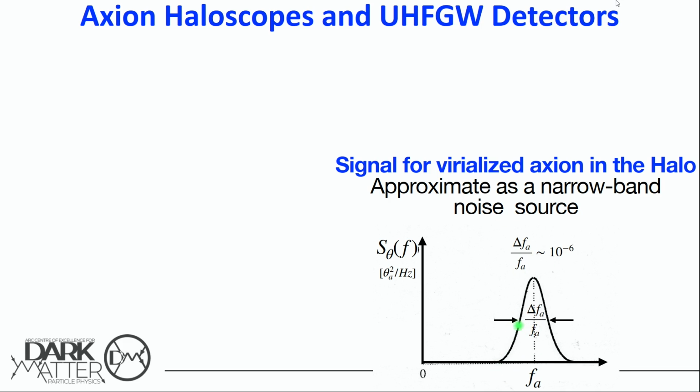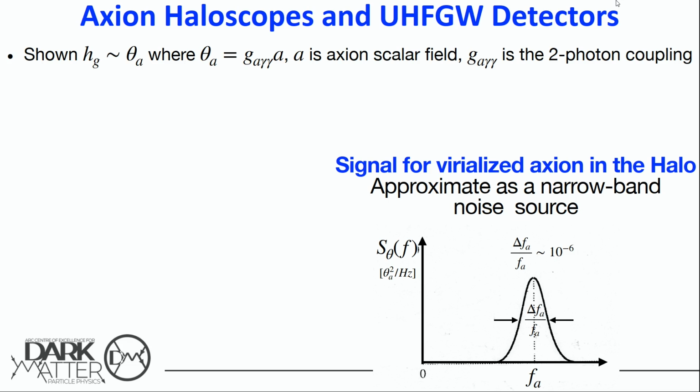It's got a width. And if we just look at it as this theta, which is G times A, we've got a dimensionless parameter that we can work on. And this axion source can be written down in theta squared per hertz, because it's a narrowband noise source. So you can write it down in spectral form. It's noise, okay? That's what it is.